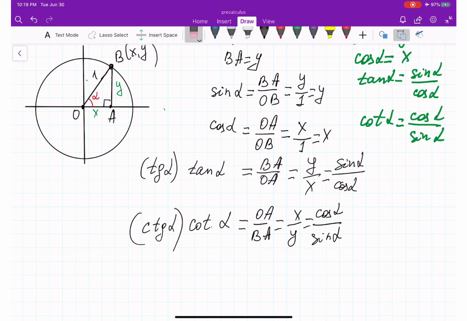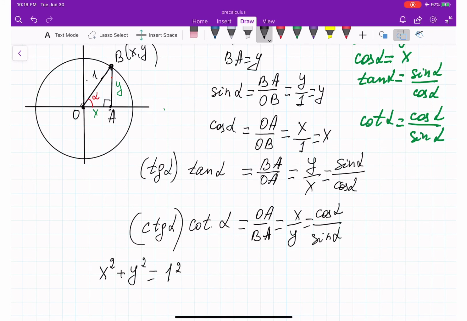Pythagorean theorem said that x squared plus y squared is equal 1 squared, which means square of one leg, legs we call the sides of the right angle, which is OA and AB. So square of leg plus square of another leg is going to give you square of hypotenuse.